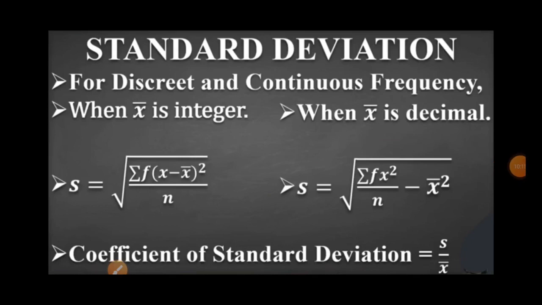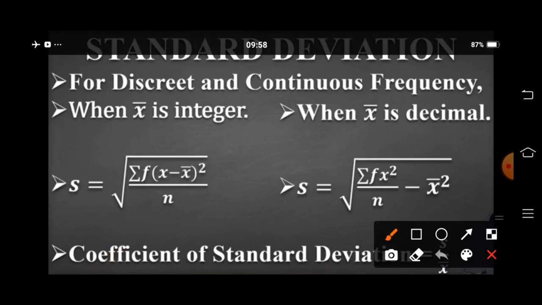Okay, now we have already done the sum for raw data. Now for discrete and continuous frequency distributions, we have to follow two methods: when the mean is an integer, a complete number, and when the mean is in decimal point.